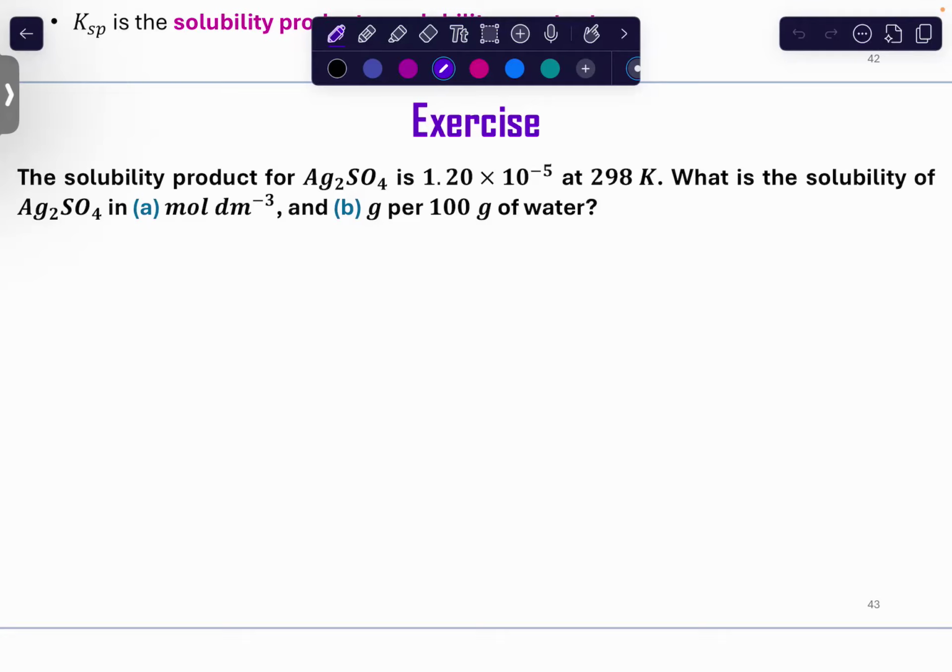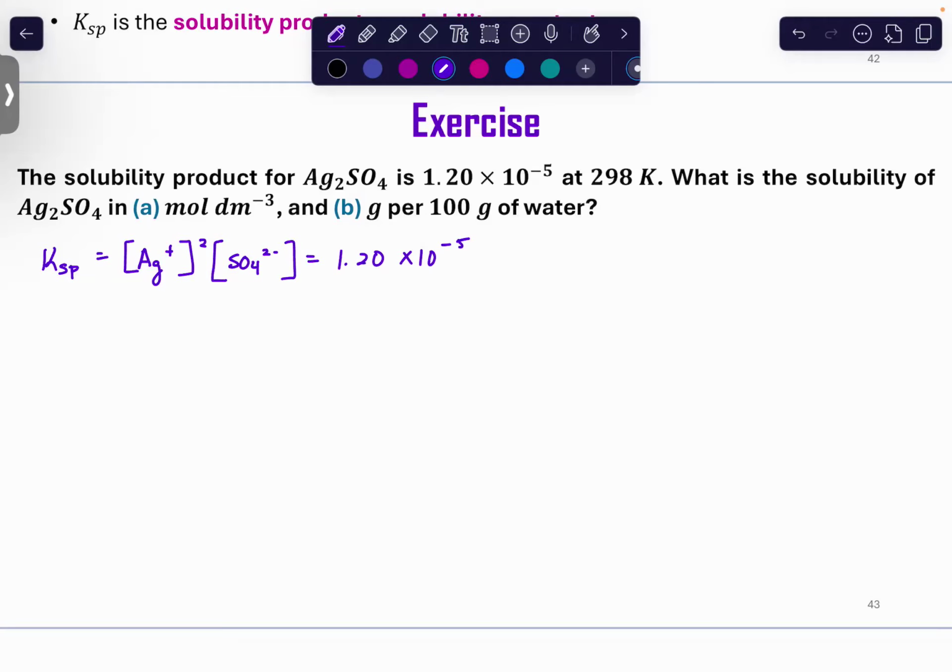Now let's actually write out the KSP. Okay, so here's our KSP. Now we want to figure out the solubility.